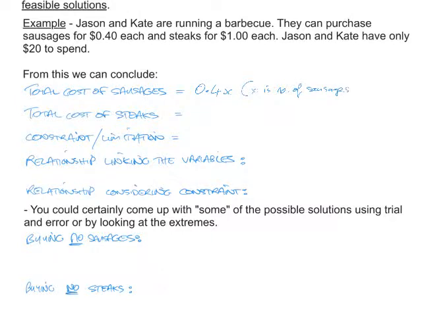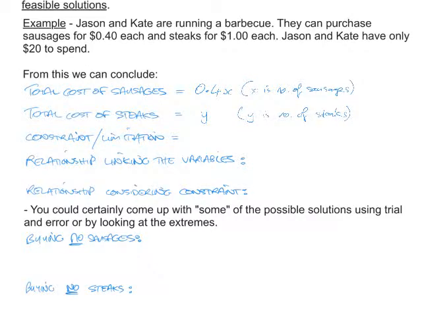So you can see that expression there, 0.4x, would represent the total cost of sausages in their purchase. What about the total cost of steaks? Well, $1 each, so that instead of being 0.4, that would literally be 1 times the number of steaks, and we'll call the number of steaks y, and 1 times a variable will just be that variable, where y is number of steaks. Makes me hungry just thinking about this.